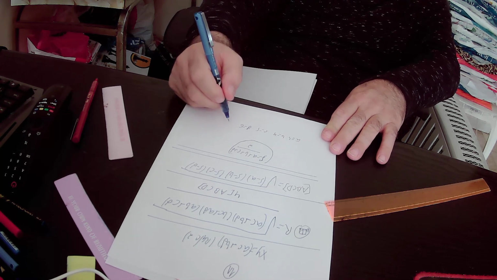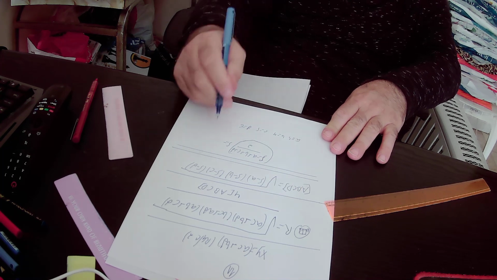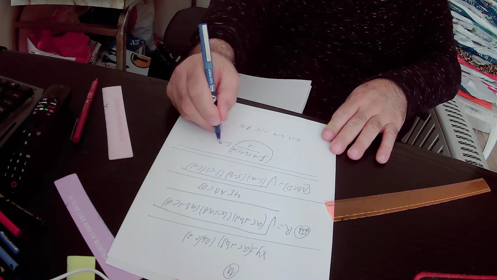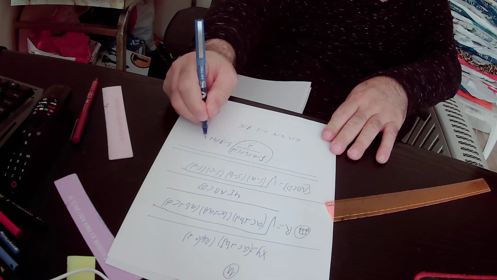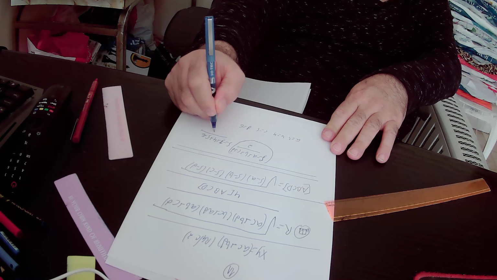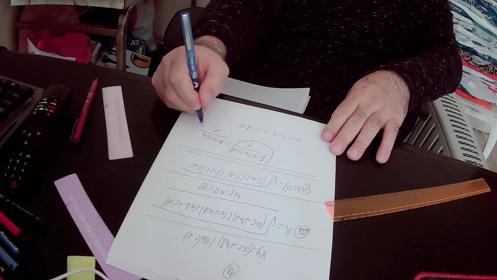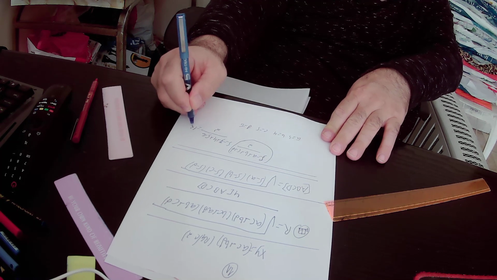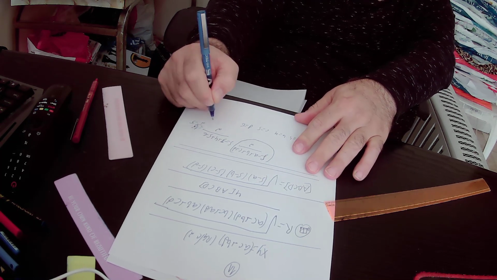Therefore, S will be equal to A is 3, B is 4, C is 5, and D is 6, all divided by 2. So 3 plus 4 is 7, 7 plus 5 is 12, and 12 plus 6 is 18, and 18 over 2 is 9, so we found out that S equals 9.